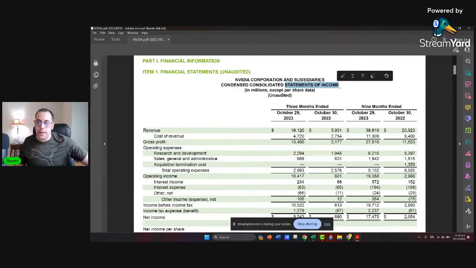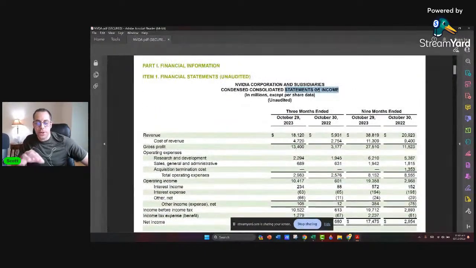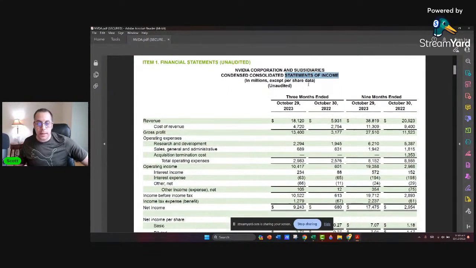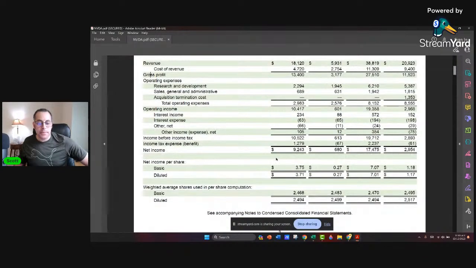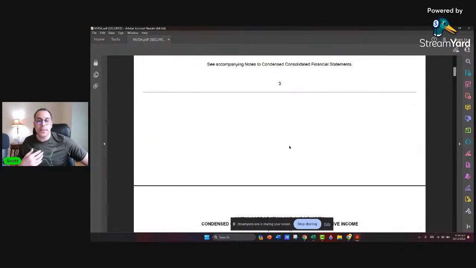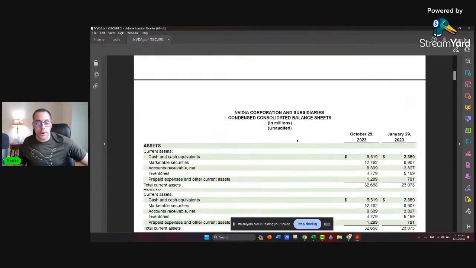It's the income statement, but sometimes they don't even use the word income statement. So it could be a little confusing, like when you try to search these. And that's a pretty simple one because it's very easy to identify the income statement because revenue is on top, net income is on the bottom. But of course, it's easy for me, but if you're new to it, it might not be so easy.